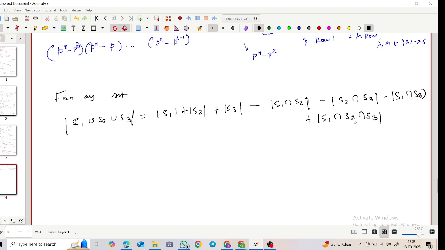This is the formula. But what happens if you take this where the Wi are subspaces of V?